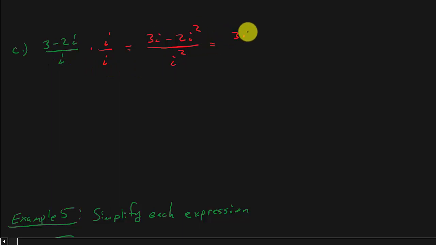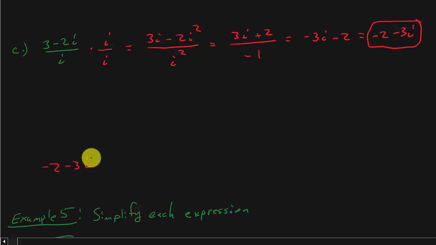So that's going to be 3i, and then remember, i squared is -1, so -1 times -2 is +2, over, and i squared is -1. And so that's going to give me -3i minus 2, if I distribute the -1 into each of them. And so that would be -2 minus 3i. And that would be your answer. Okay? So just remember, we got -2 minus 3i as our answer.